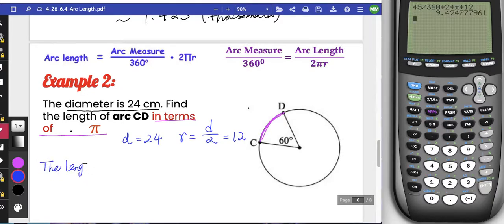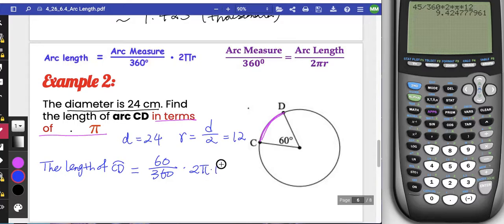So the length of arc CD, again, this is our symbol. You can write it this way, because we have the arc measure, or central angle, which is given as 60 degrees, divided by 360 times 2 pi r, and the radius is r.